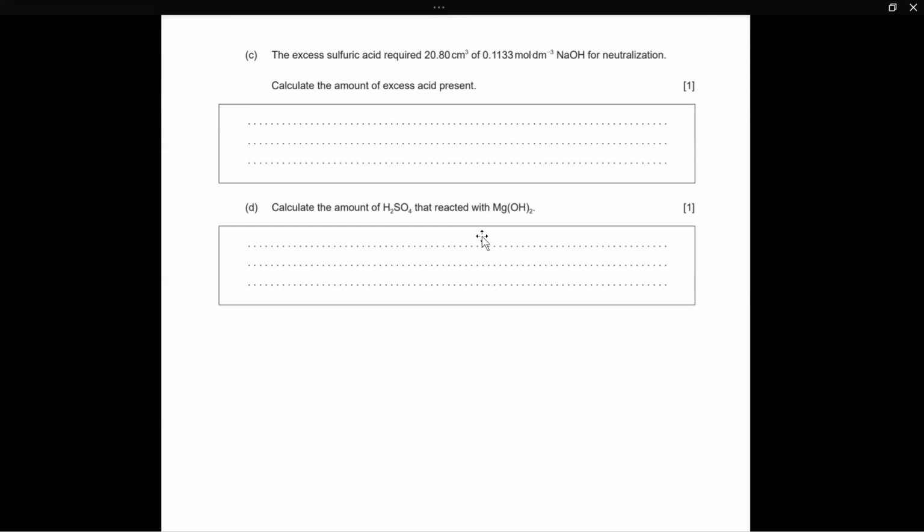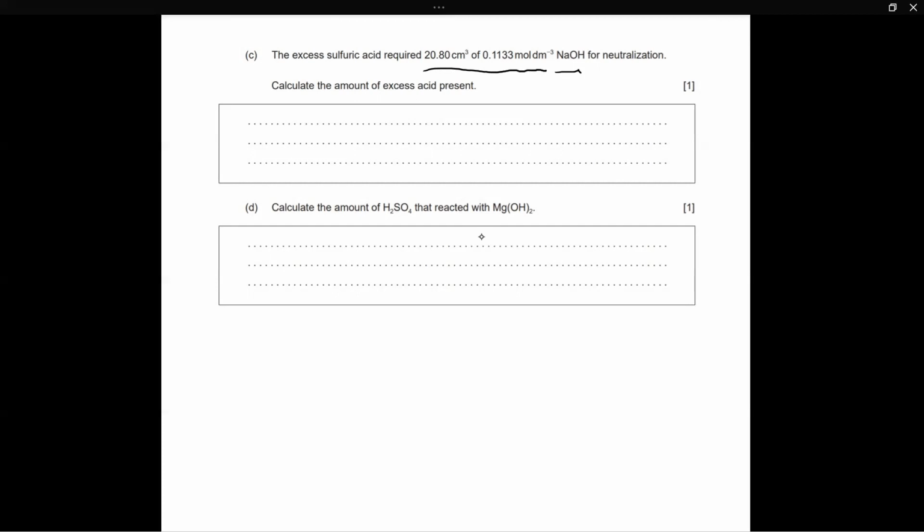And this additional sulfuric acid was neutralized by NaOH, which they said needed 20.80 centimeters cubed of 0.113 mole dm^-3 of NaOH to neutralize the sulfuric acid left over from the earlier reaction with magnesium hydroxide.